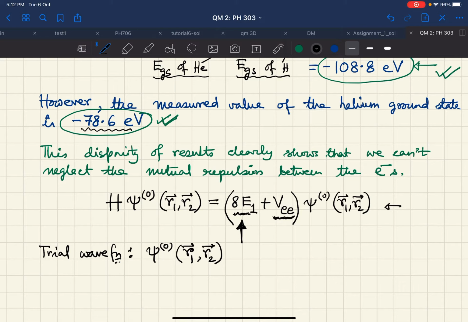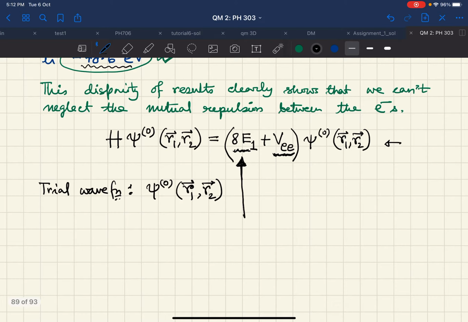Now, therefore, this equation implies that the expectation value of H should be 8 times E1, which is of course just a number, plus the expectation value of VEE, which is the operator. So, we have to evaluate the expectation value of this electron-electron repulsive potential in this trial ground state wave function.